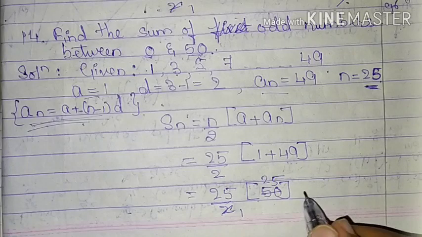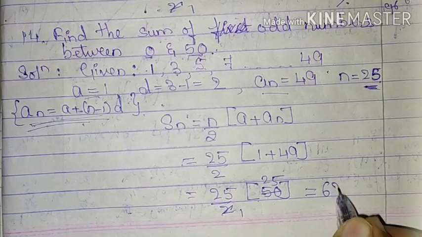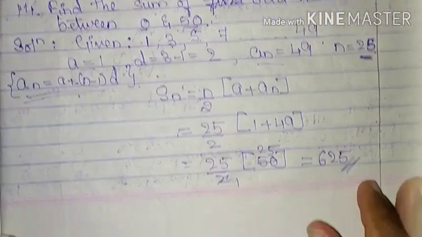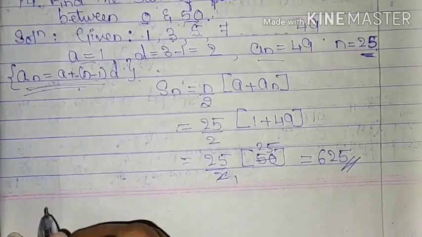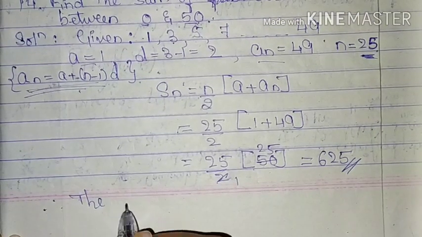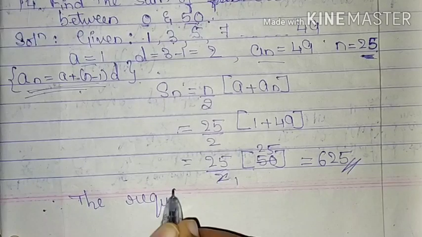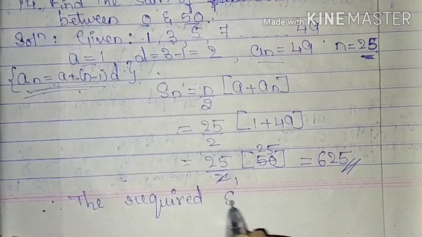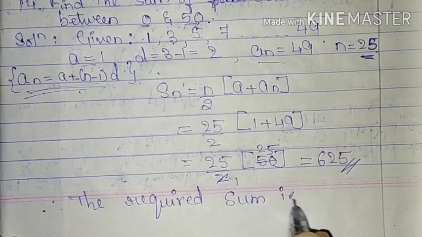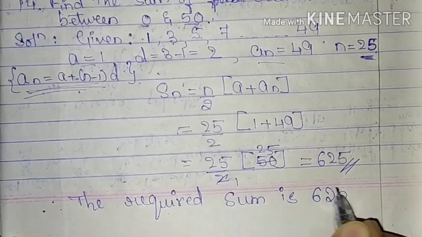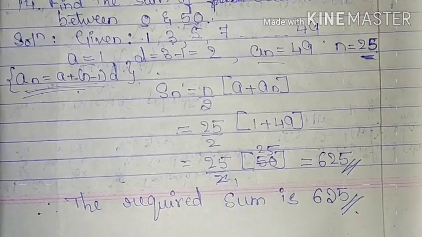So 25 into 25, 25 square is 625. So the sum of odd numbers, therefore the required sum is 625. This is our answer.